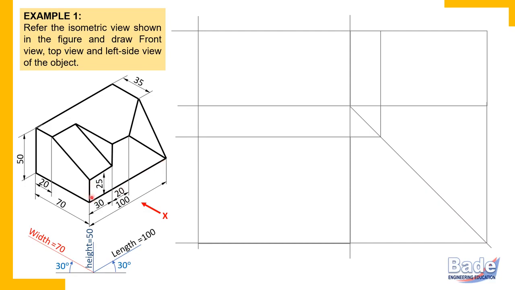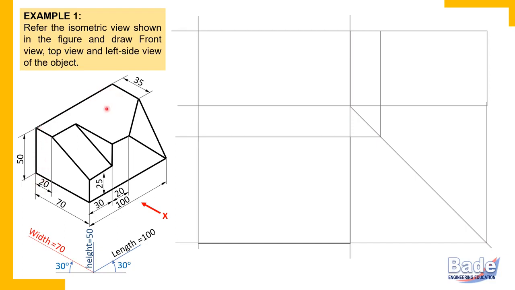So this is very important to understand, and I think you must have understood. It's simple, of course. Edges which are parallel to one of the reference axes are principal edges. This edge is parallel to the length axis, so it is one of the principal edges. This edge is parallel to one of the reference axes, actually the height axis, so it is a principal edge.